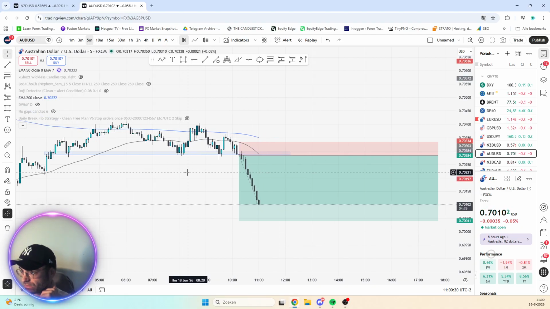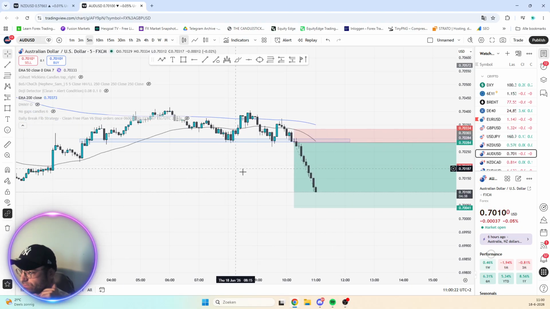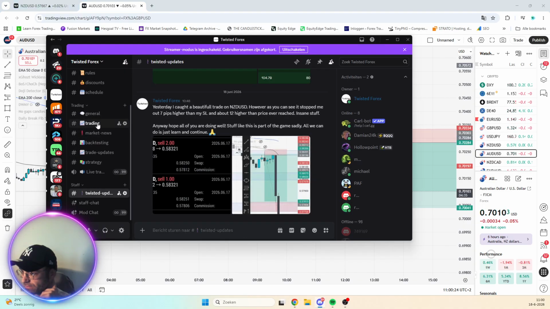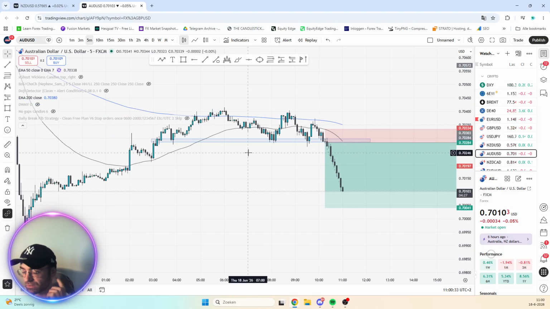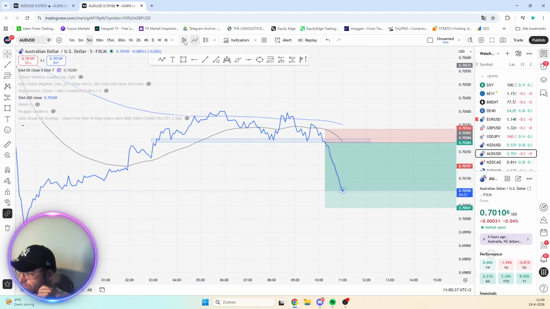Here I'm actually now in AUD USD. I just shared this in my group as well. It's up more now. And this is pretty similar. It works on the lower time frame as well. I noticed this little area. You can tell whenever price is above, it tends to react, goes up.